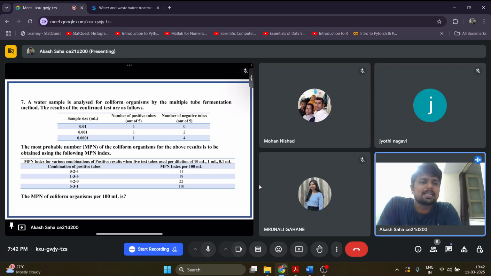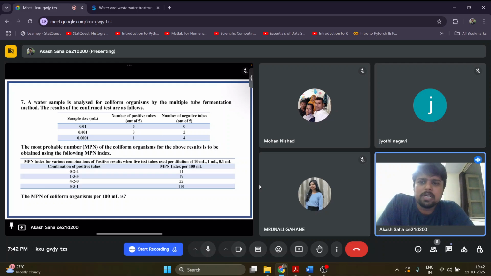This MPN index table is made for dilutions of 10 ml, 1 ml, and 0.1 ml, whereas our sample sizes are 0.01, 0.001, and 0.0001 ml. So we have to multiply by some factor and then come to the conclusion. This is the major mistake we generally make while calculating the MPN index.